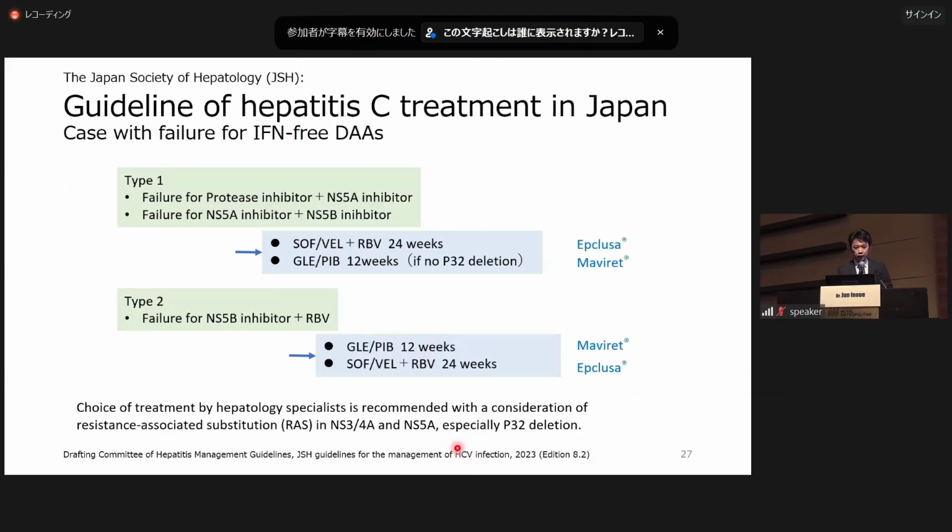This is a guideline for cases with failure of DAAs. In these patients, Epclusa and Maviret are recommended, and the choice of treatment by a hepatologist is recommended with consideration of resistance-associated substitutions, RAS, in NS3/4A and NS5A, especially P32 deletion.